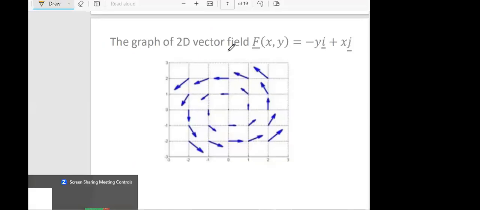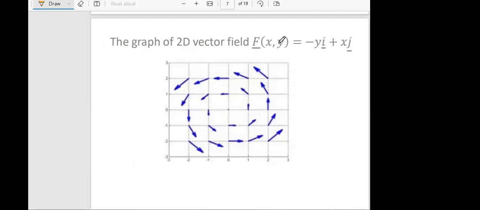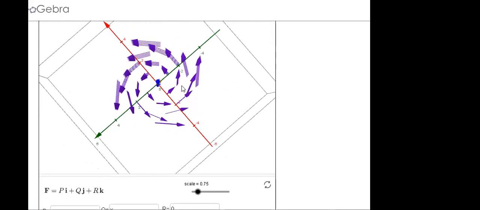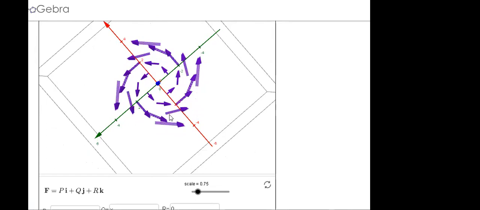Look at this, x and y, there is no z component. Because it is two-dimensional, you get something like this, like a spiral.